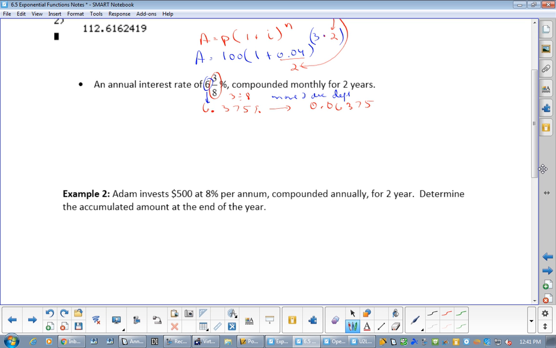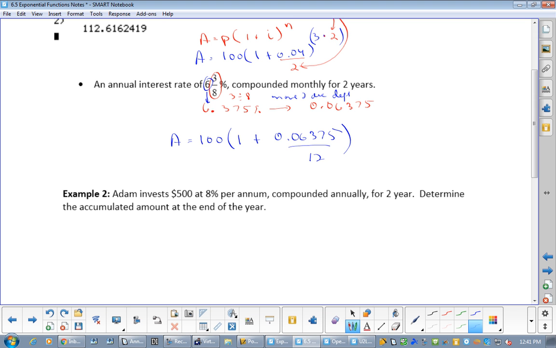Now, let's write out our equation. A would equal, how much money am I starting with? 100. Bracket. What goes next? 1 plus 0.06375 divided by 12.